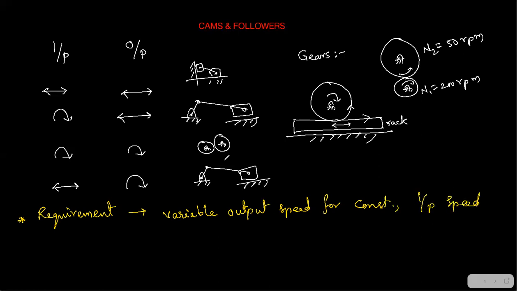In all the earlier cases, you are applying a constant angular velocity to the crank and you are not getting a variable velocity. If it is an inline slider crank mechanism, it will go with the same speed forward and come with the same speed backward, right?